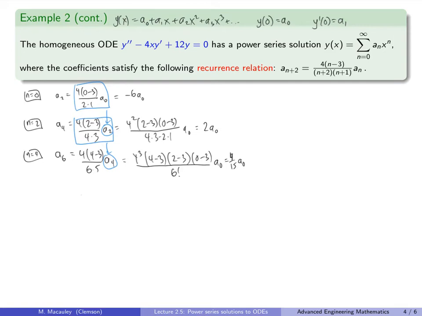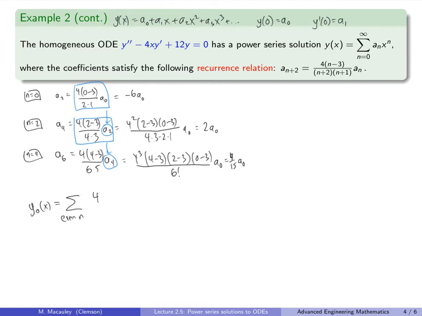So let's suppose that we set a1 to be 0. So the initial velocity we say is 0. If we do that, then our power series solution has only even terms. And we can write out what that solution is. I'm going to call that y0 of x. It's the sum over all even n. Now let's write a formula for these coefficients. Notice that when I have a 6, I have a 4 cubed. A 4, I have a 4 squared.